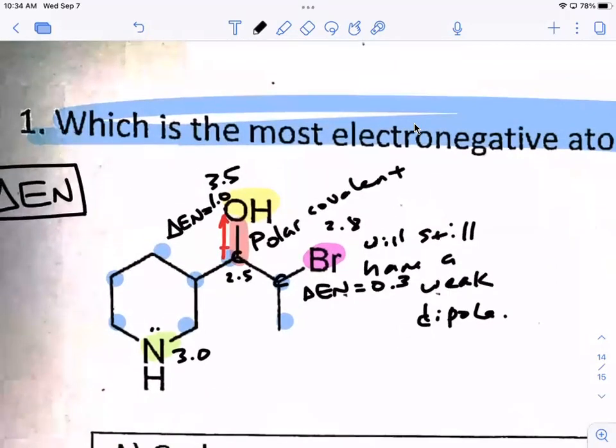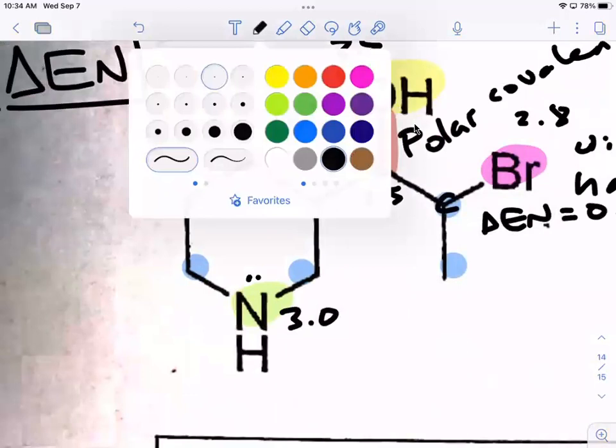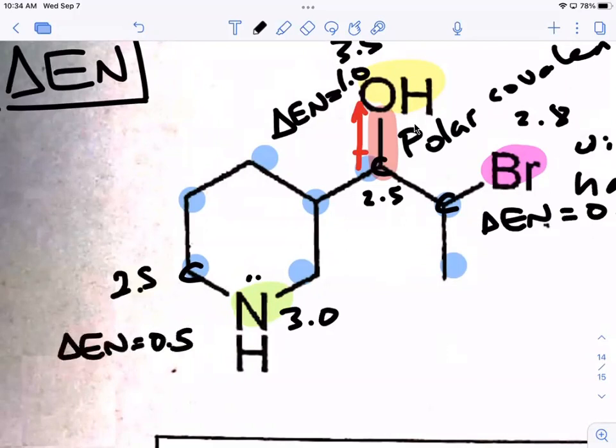All right, what about the nitrogen-carbon bond right here? I'll just pick this one. Carbon has an electronegativity of 2.5. So the difference in electronegativity there is going to be 0.5, is that right?